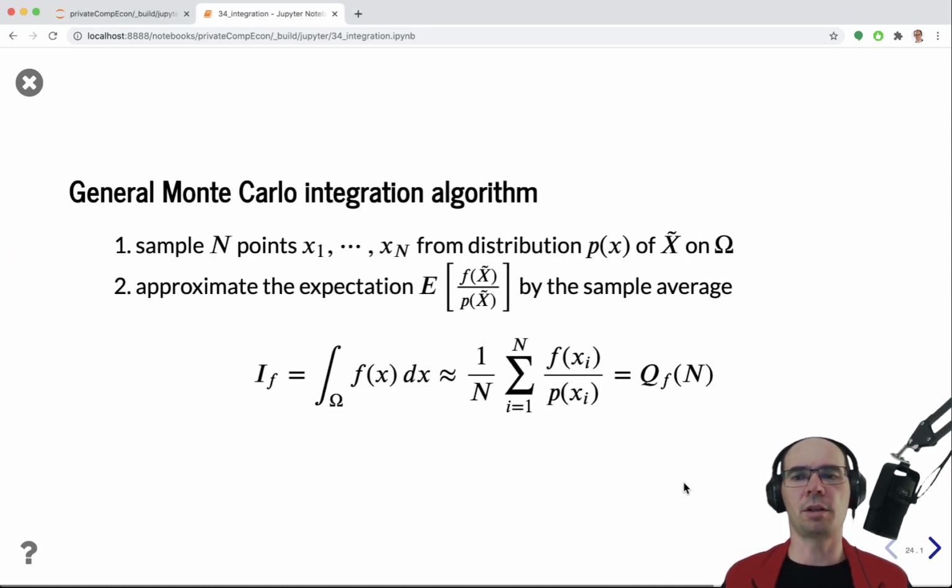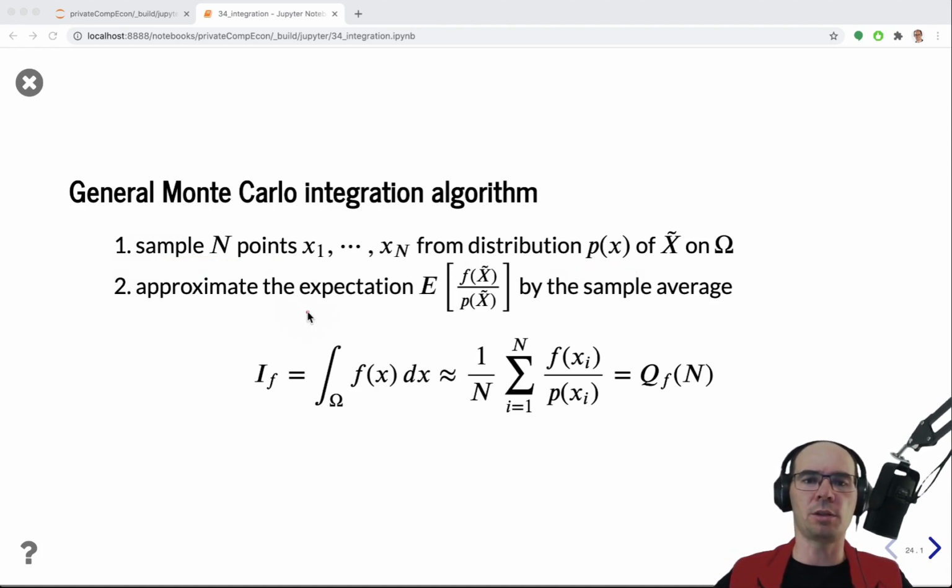Okay, so with all these ideas and theory in our baggage, here's the integration algorithm. So first we need to sample or simulate a large number n of points from the distribution with p, where p denotes the PDF.